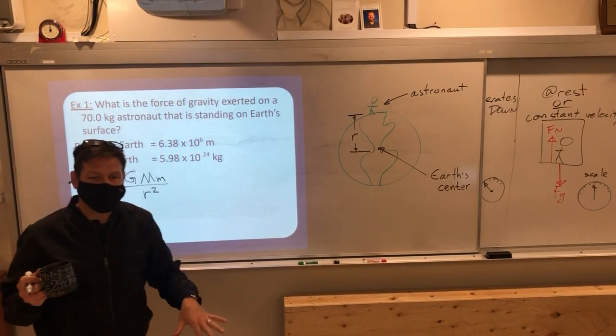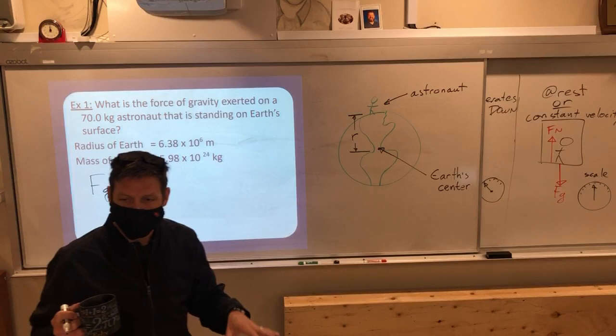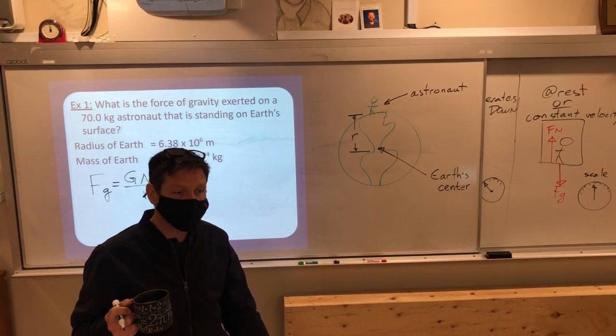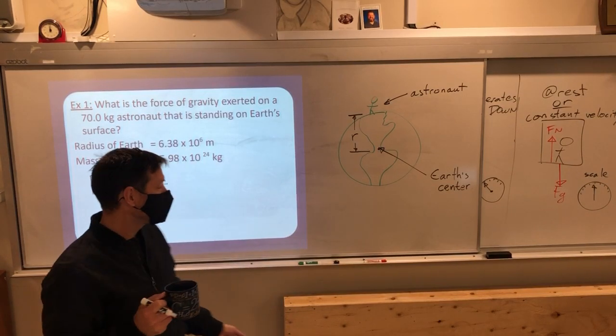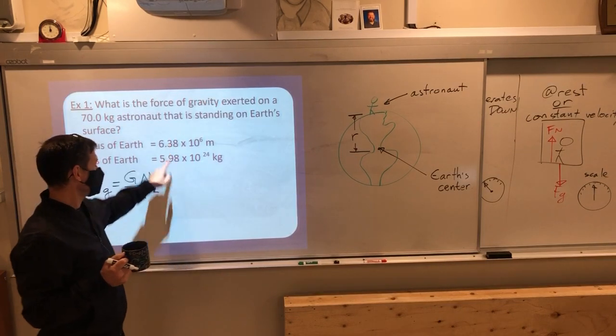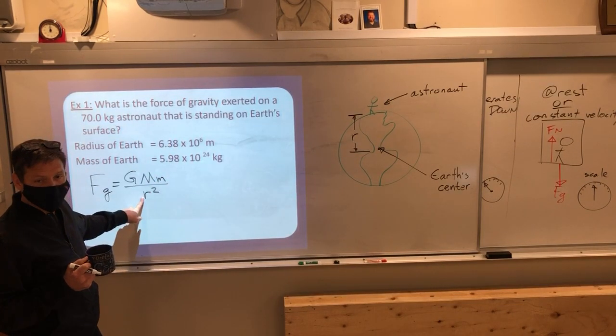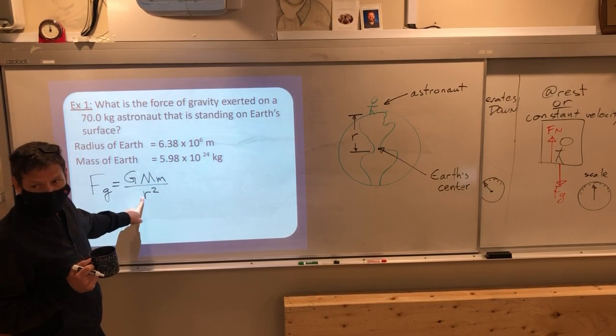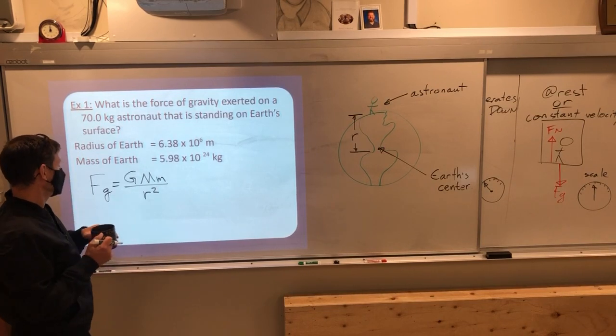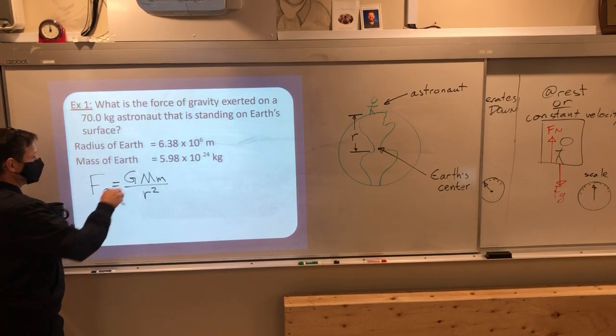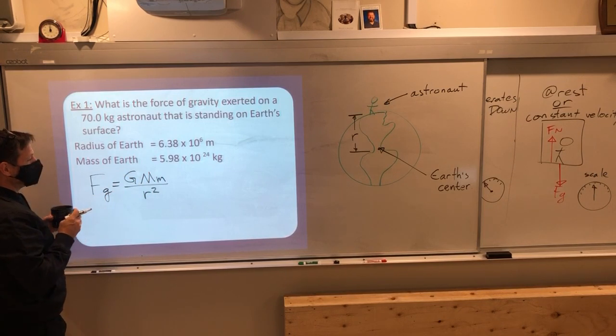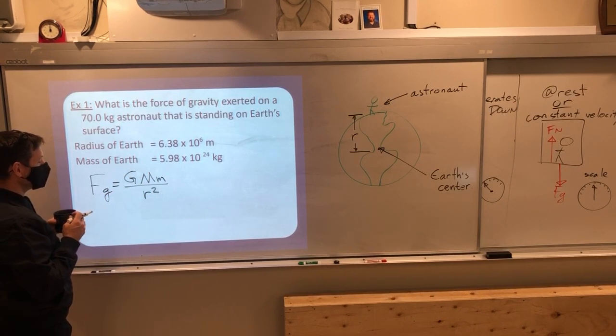You think you're touching the Earth, right? And we are. We're on the surface, but we're a long way from the center of the Earth. And so we have to use this as our distance from Earth, because we're that far from the center. The Earth's pretty big, 5.98 times 10 to the 24.